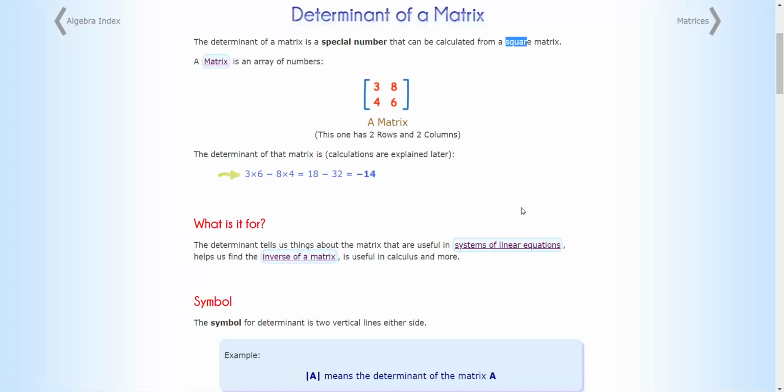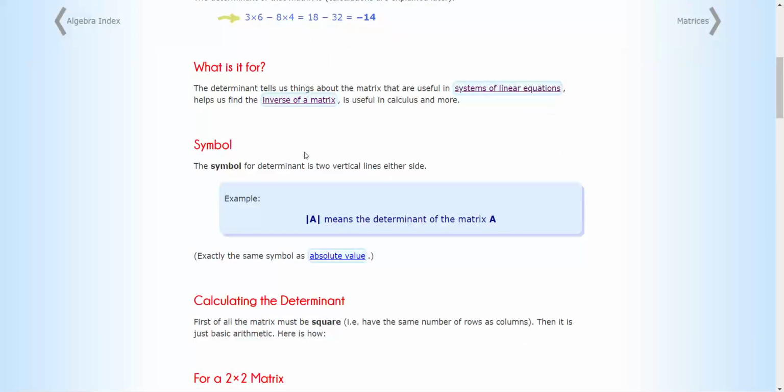When you have Ax equals B, you get the inverse of A, and then you multiply it by B to leave the x matrix, which is the variables, on its own. The symbol for determinant is two vertical lines.